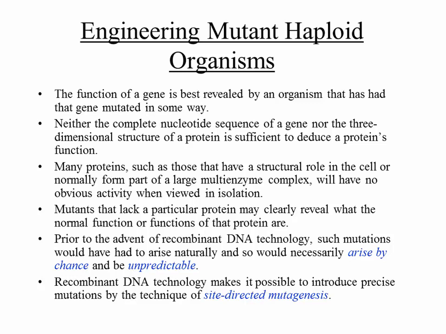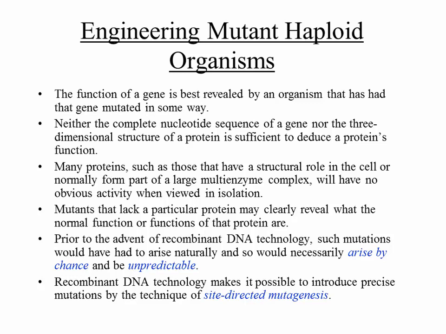For example, if you have a mouse that lacks the gene for insulin, that mouse will be a diabetic mouse, because you will see that the organism is not able to metabolize sugar properly. Prior to the advent of recombinant DNA technology, such mutations would have had to arise naturally, and so would necessarily arise by chance and be unpredictable.